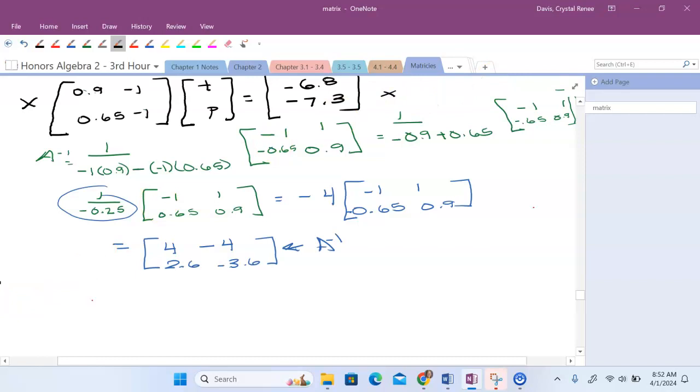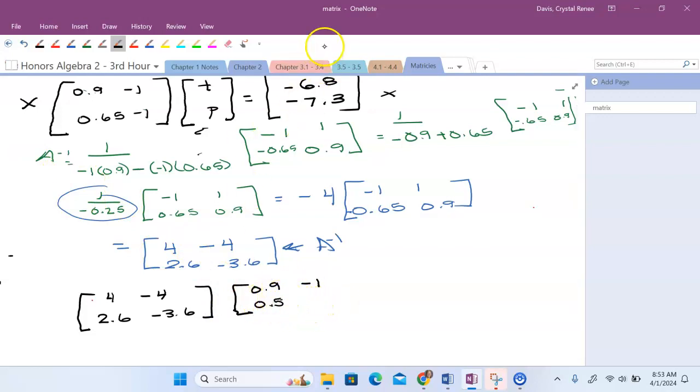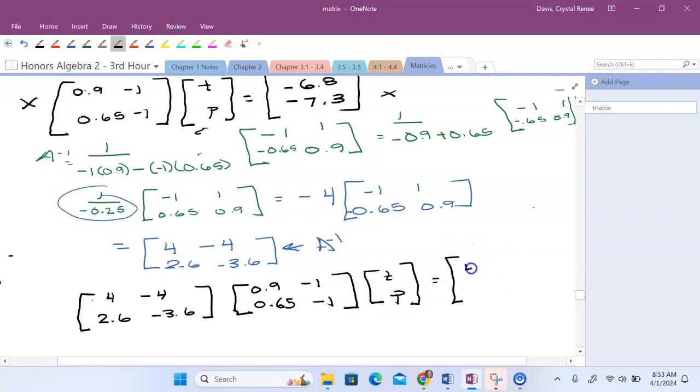Okay, so we have my 4, negative 4, 2.6, negative 3.6 times 0.9, negative 1, 0.65, negative 1 times my t and my p, and that's going to equal 4, negative 4, 2.6, negative 3.6 times my negative 6.8 and negative 7.3. I ran out of room there, guys.